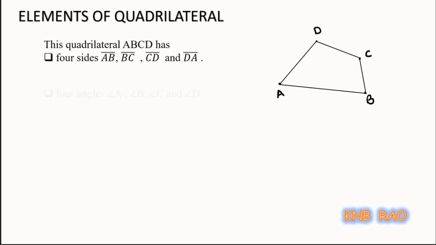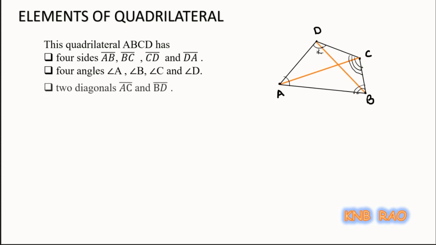These 4 sides, and I have 4 angles, angle A, angle B, angle C and angle D. Then I have 2 diagonals, that is diagonal AC and diagonal BD. So put together 4 sides, 4 angles and 2 diagonals.